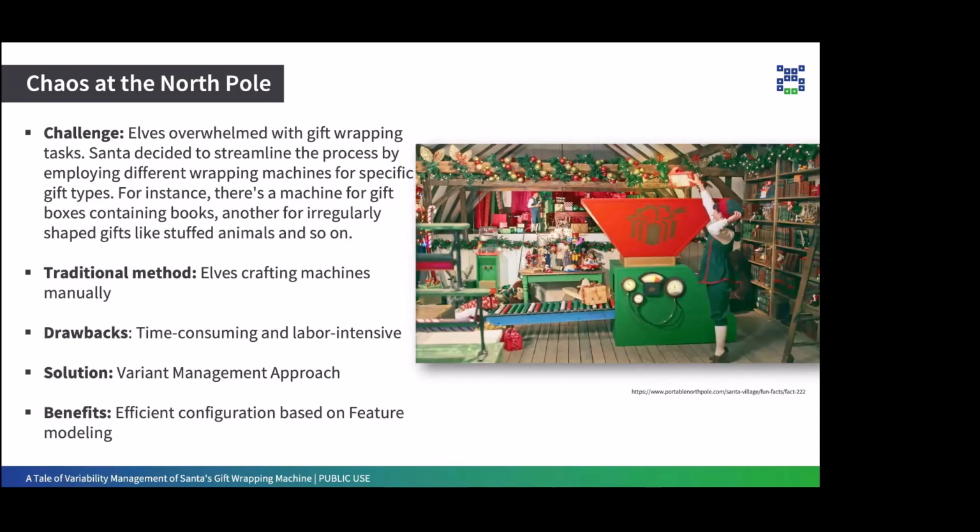For example, if you want to gift wrap a box or a book or maybe an electronic box, then maybe a gift wrapping machine which produces square boxes. If it is irregularly shaped gifts, for example stuffed animals or even clothing such as a scarf, then you would need a different type of gift wrapping machine.